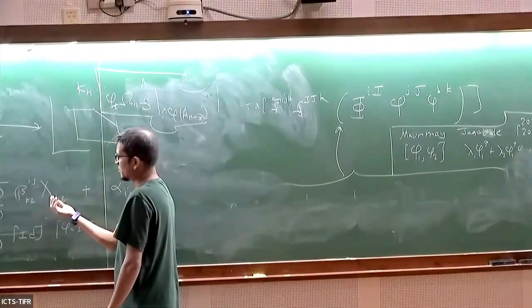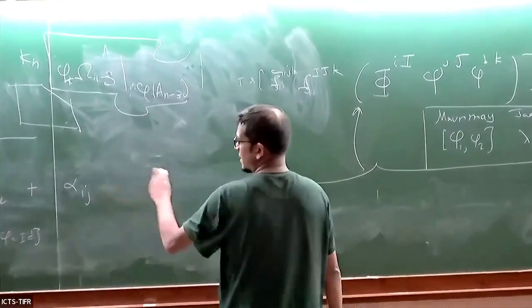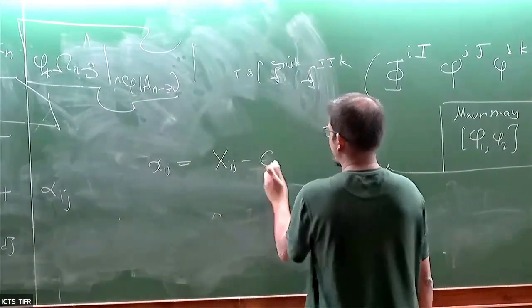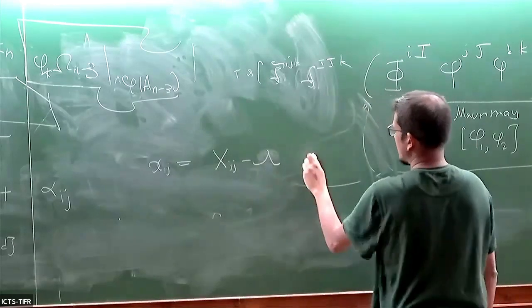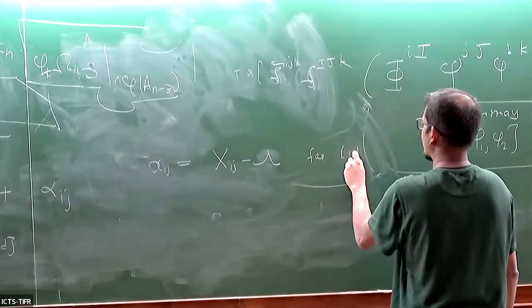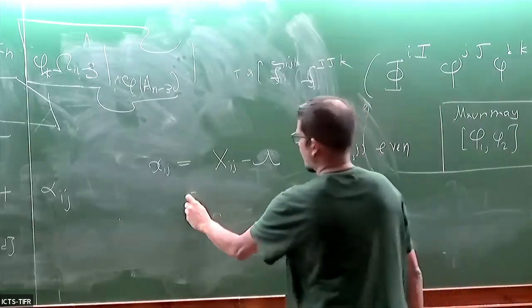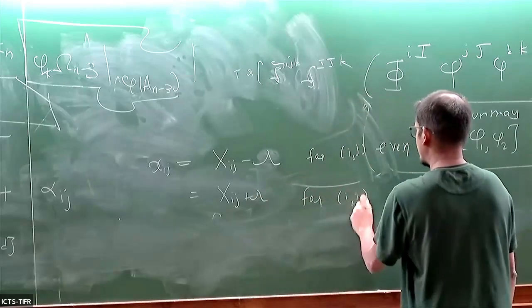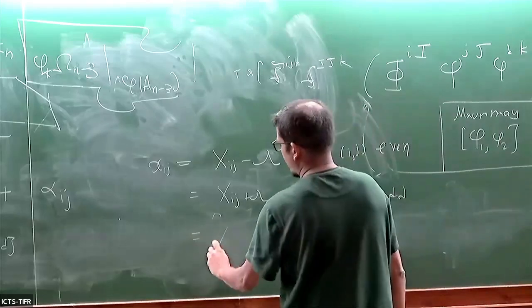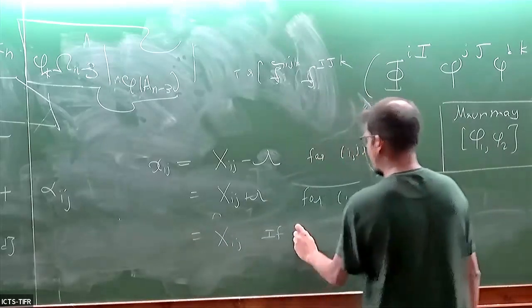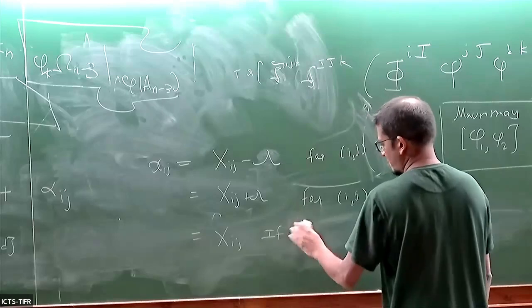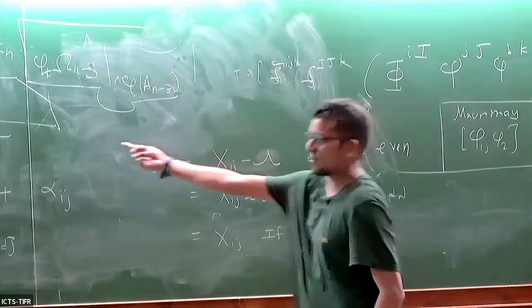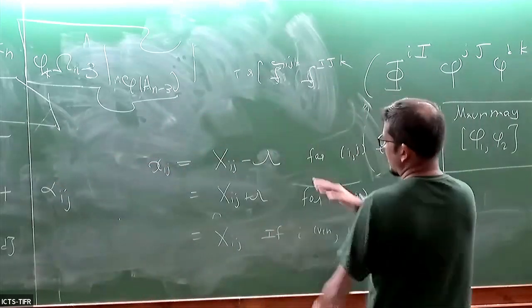But let me tell you one which was very surprising. You consider Xij to be Xij minus lambda for i, j both odd, and Xij plus lambda for i, j both even, and Xij unchanged if i and j are not both the same parity: i even, j odd, etc. Now you do this map that we just described, and you'll get some complicated function of lambda.